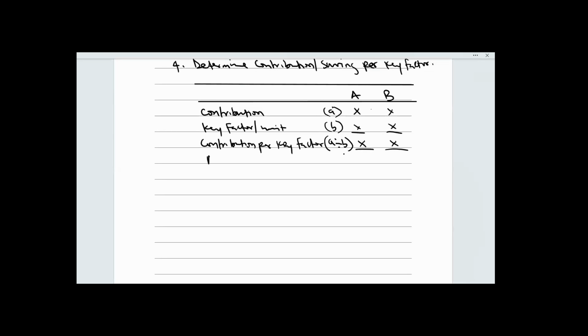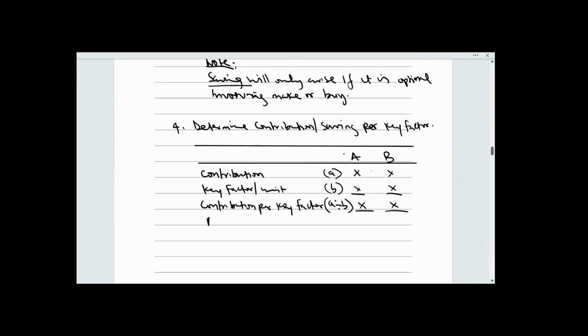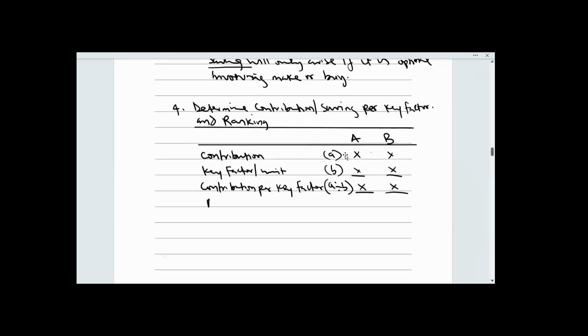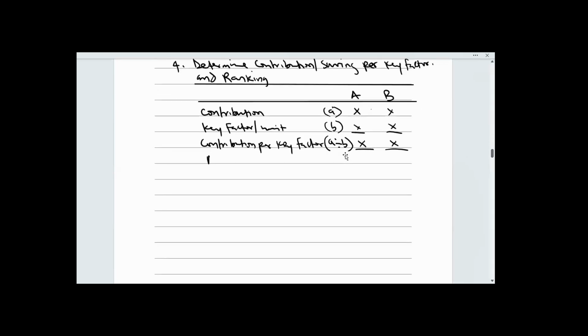Step 5. Okay, let me merge everything to determine savings or contribution per key factor and ranking. Let's merge step 4 and 5 together. So I will call it a ranking.